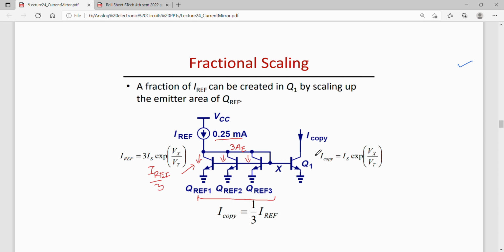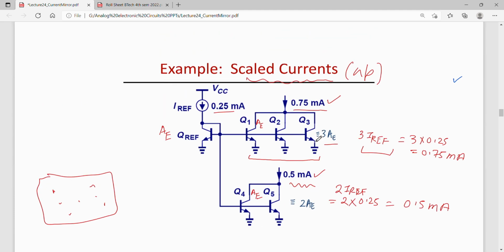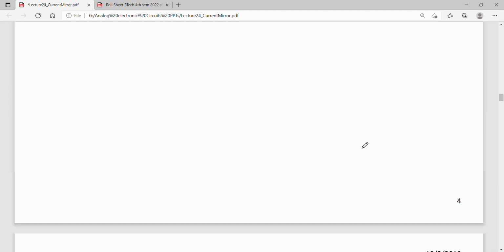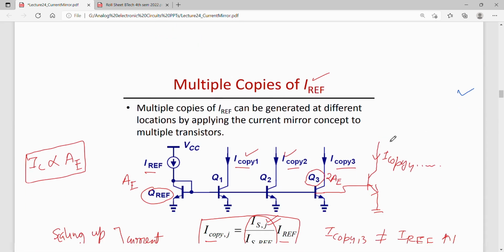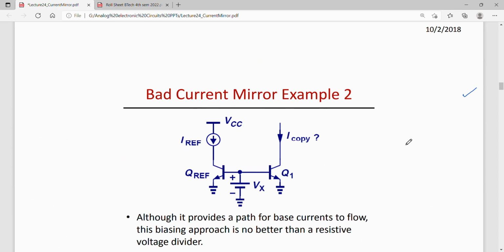And I copy will be equal to the current which is drawn by the collector. So in the previous case also, the copied current will be equal to the current drawn by the transistor.